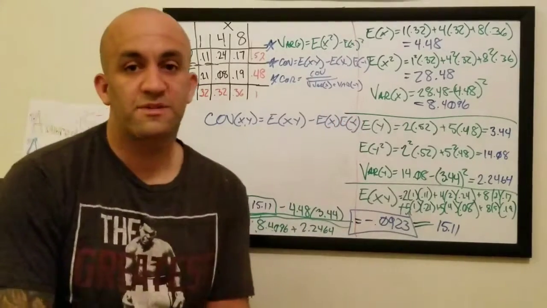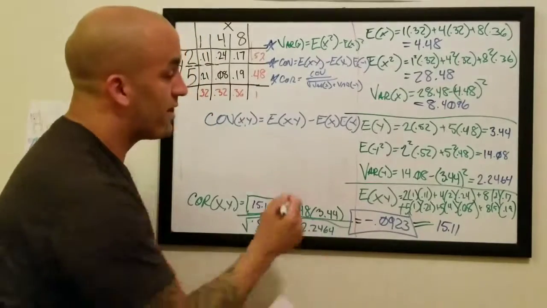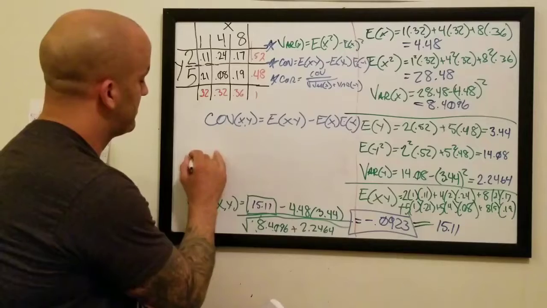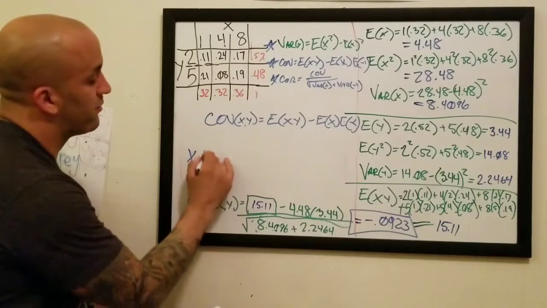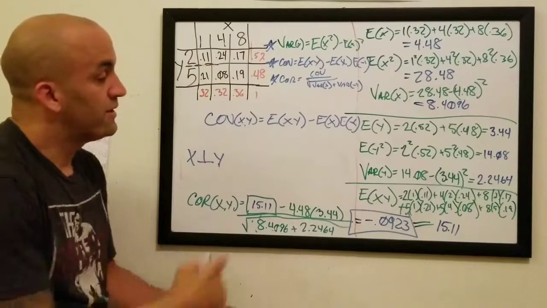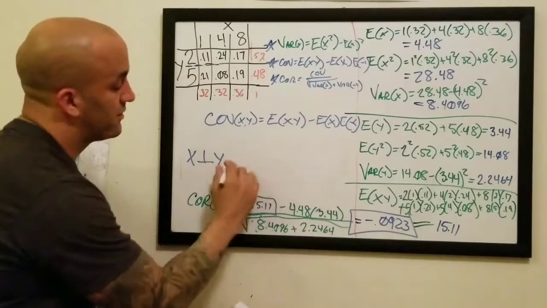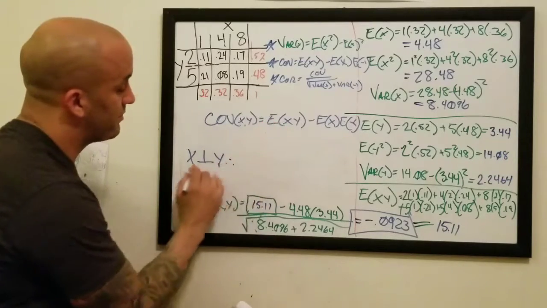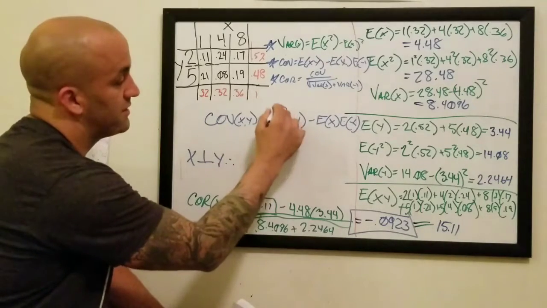So if the problem starts out saying that x and y are independent, so if x is independent of y, we know that we can push this expected value into each one.